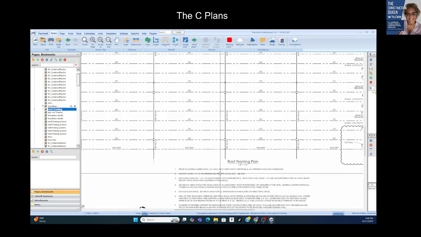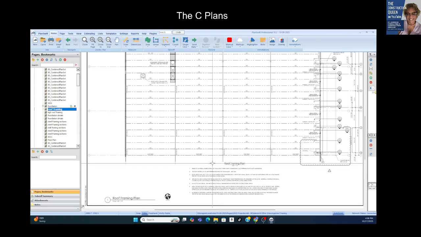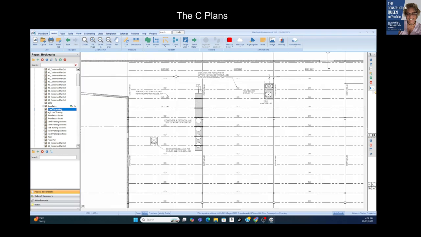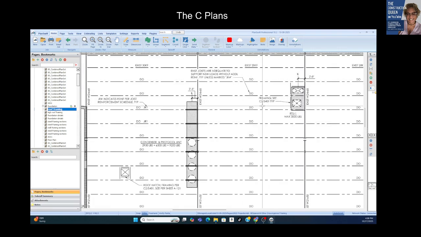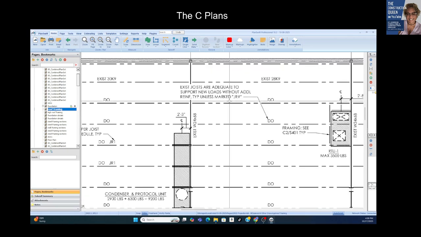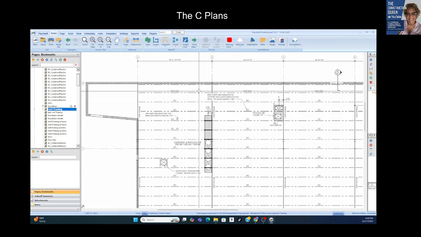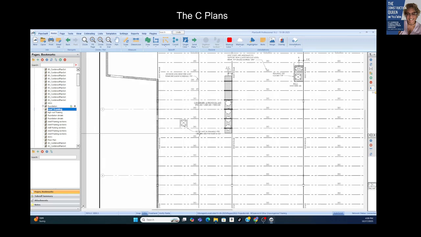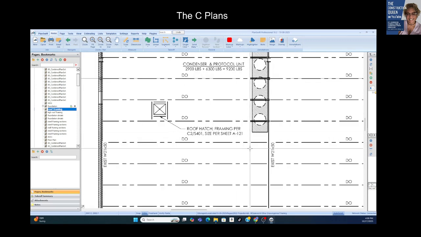So the roof, this is existing, it looks like, and then they're putting on a new roof deck, adequate to support new loads without additional. Maybe not. I don't know what they're doing, to tell you the truth, but I don't care for the purpose of this.